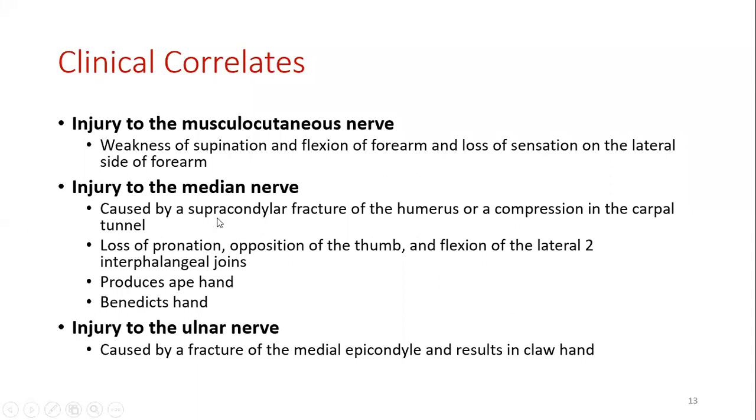Injury to your median nerve, again, we went over this: a supracondylar fracture, which just means above the epicondyles of the humerus, can cause damage to your median nerve, as well as your brachial artery, because it's also in the area.